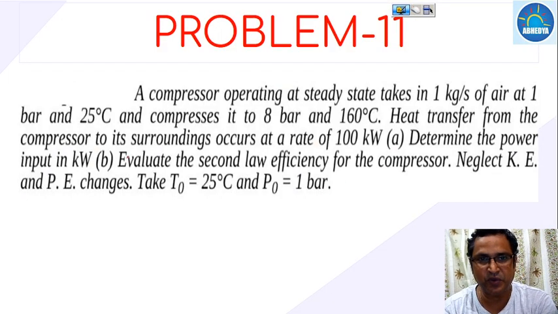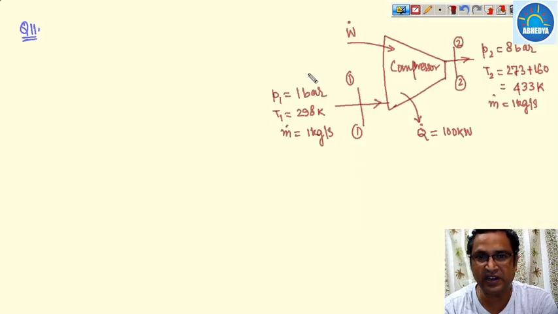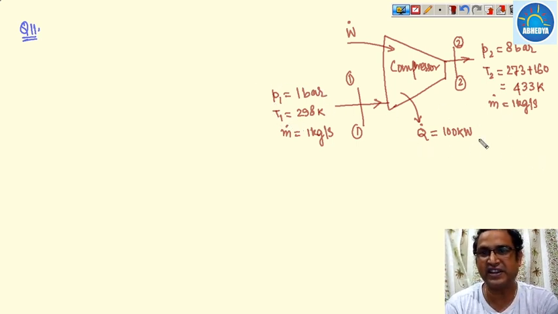Determine the power input and evaluate the second law efficiency. That second law efficiency, as I told you earlier, we have to calculate neglecting the kinetic and potential energy changes, and taking the atmospheric condition as 1 bar and 25 degrees centigrade. So whatever the condition at inlet is basically your atmospheric condition 2.